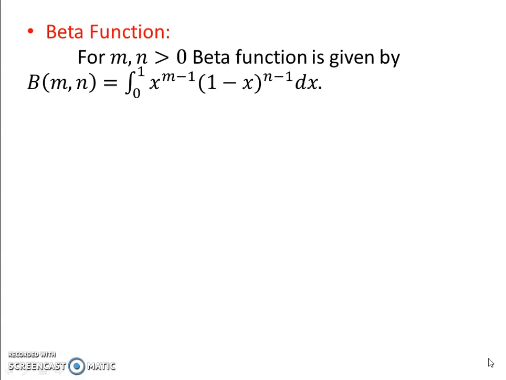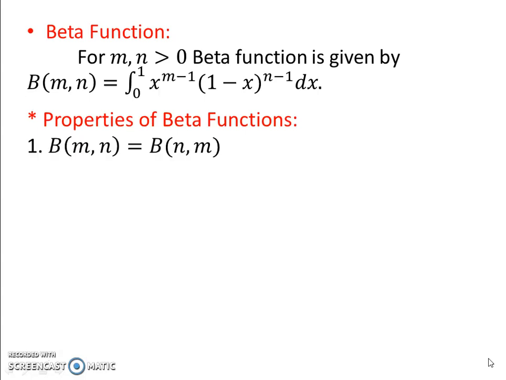So now the properties of beta functions. The first property: beta of m, n is equal to beta of n, m. Now, if you look at the definition, beta of m, n is given by integration 0 to 1 x to the power m minus 1 into 1 minus x to the power n minus 1.